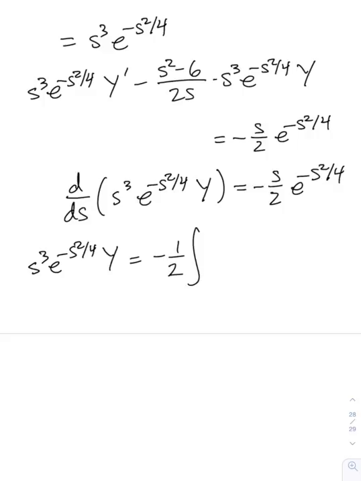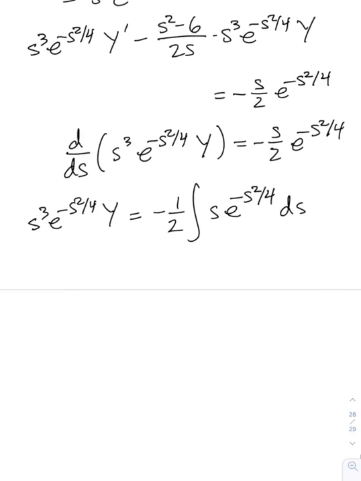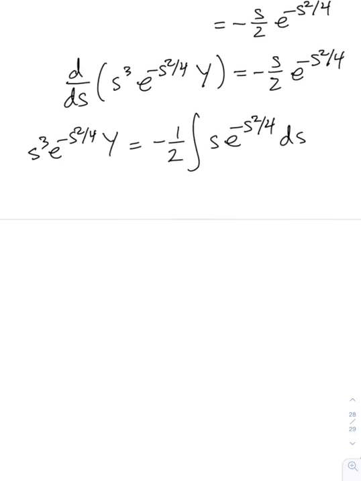Negative 1/2 times the integral of s e to the negative s squared over 4 ds. All right, to integrate that, I'm going to need a u substitution, so I will substitute u equals s squared over 4. Then du will be 1/2 s ds.